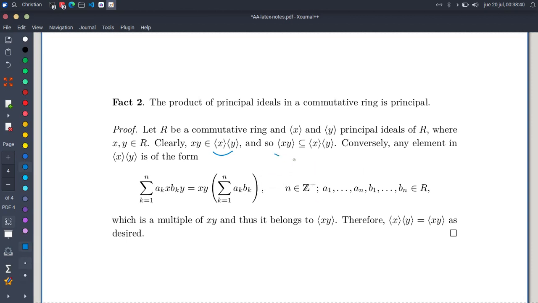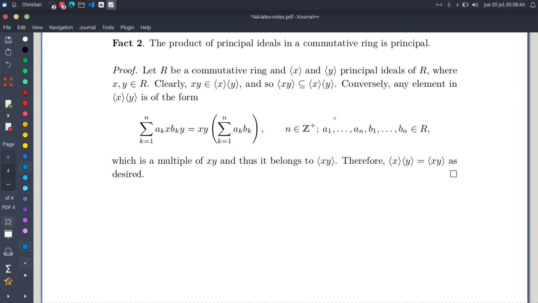That is, we have this. In the other direction, any element of this set is of this form, that is, finite sums of products of elements of this ideal and this ideal.